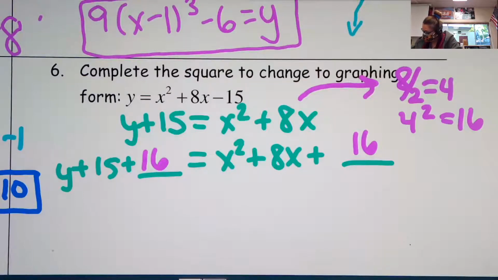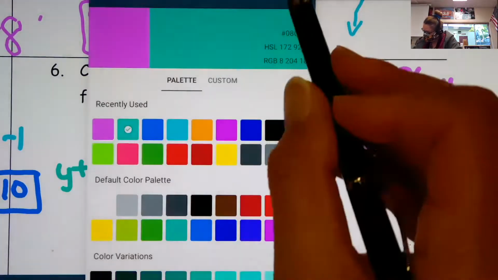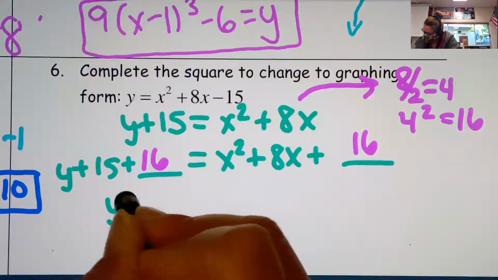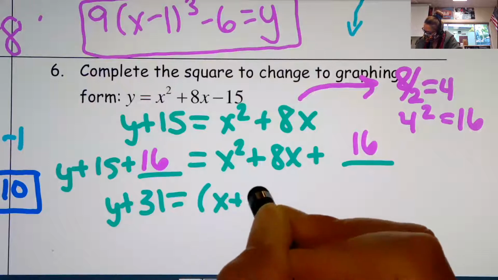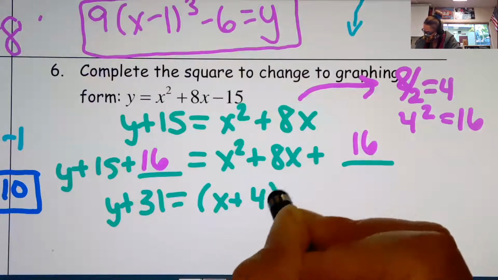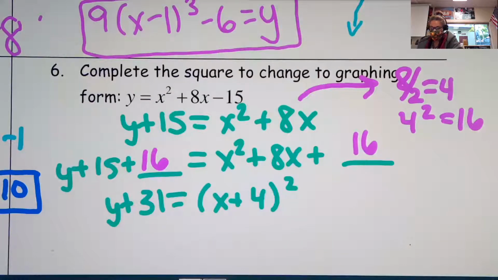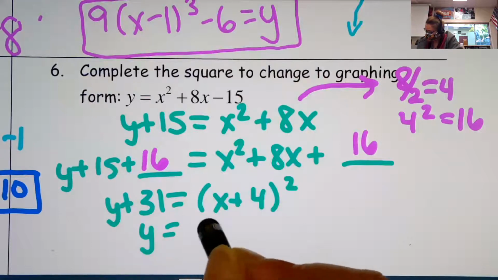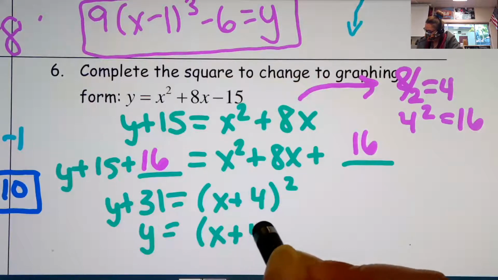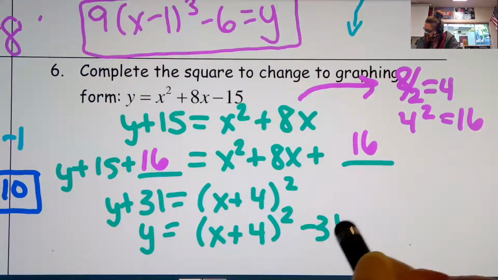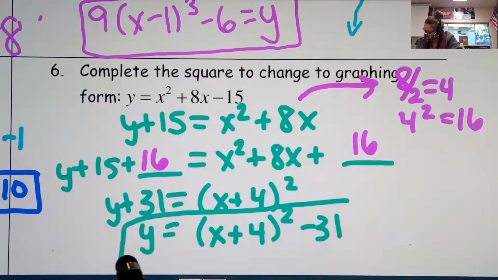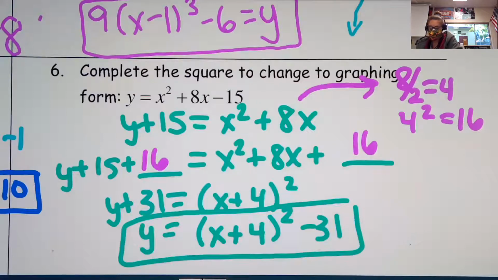Now I'm going to write it as a perfect square. So this is going to be y plus 31. This is going to be x plus, and half of 8 is 4. I'm going to minus my 31, and then I get y equals x plus 4 quantity squared minus 31, and that's my equation.